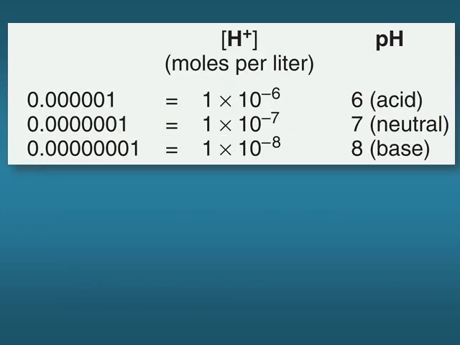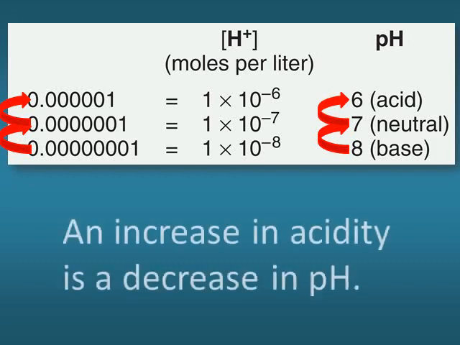Now you can see how as we increase the concentration, so moving up there from arrow to arrow, we are getting a bigger and bigger number. That means that we get a decrease in pH as a result of that negative log relationship. And therefore, an increase in acidity is a decrease in pH.